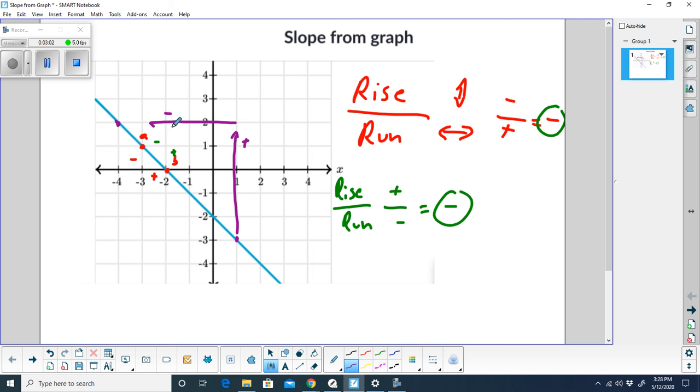So a positive divided by a negative is a negative. If I start at this point and I go down, my rise is negative because I went down, and my run to the right is positive. I end up with a negative divided by positive is a negative. So no matter what, a line that goes like this, down to the right, has a negative slope.